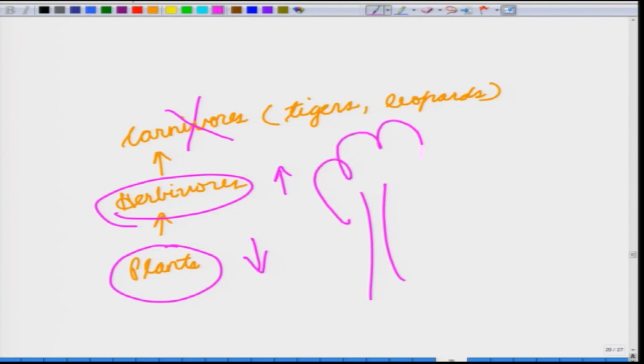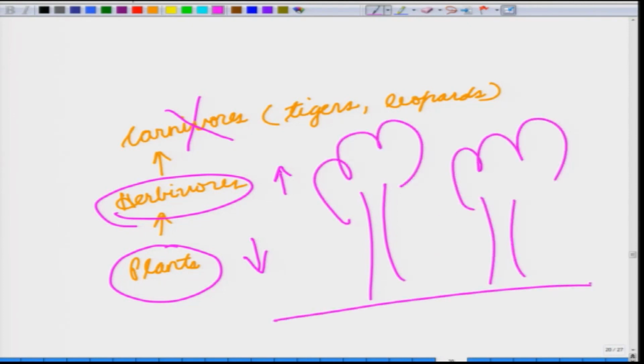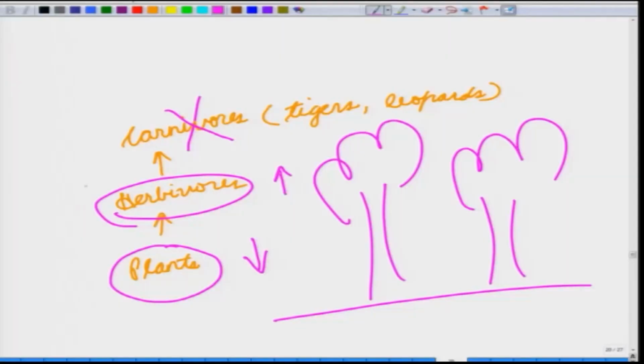So, once that happens, you will have a situation where in your forest you will have the tall mature trees, and most of the regeneration is now gone, because it has been eaten up by the herbivores. After a while, because there is no more regeneration, or there is a dearth of food, the herbivore population will also collapse.